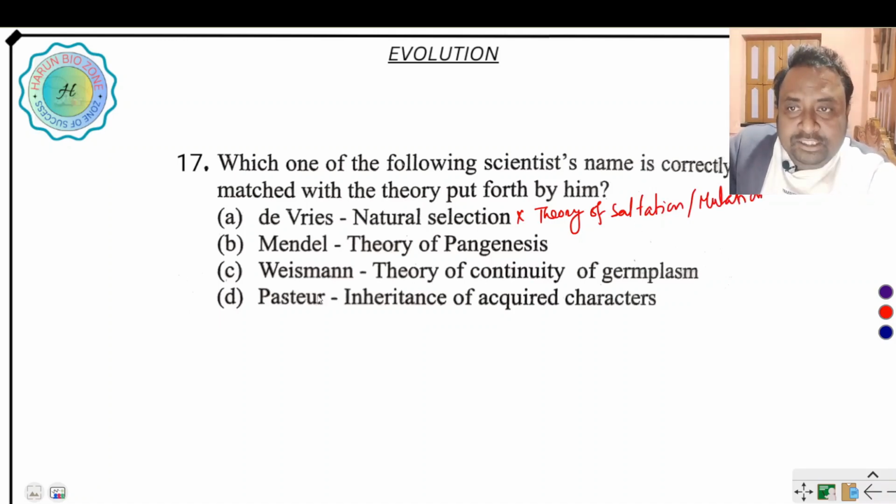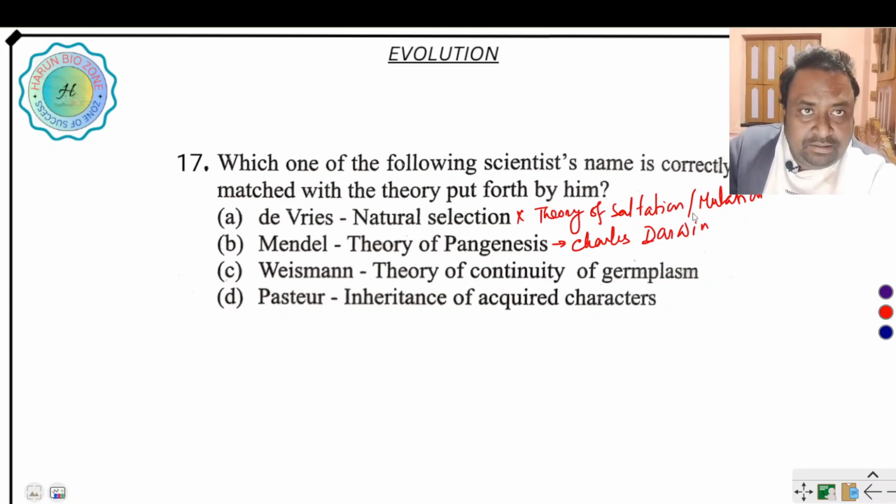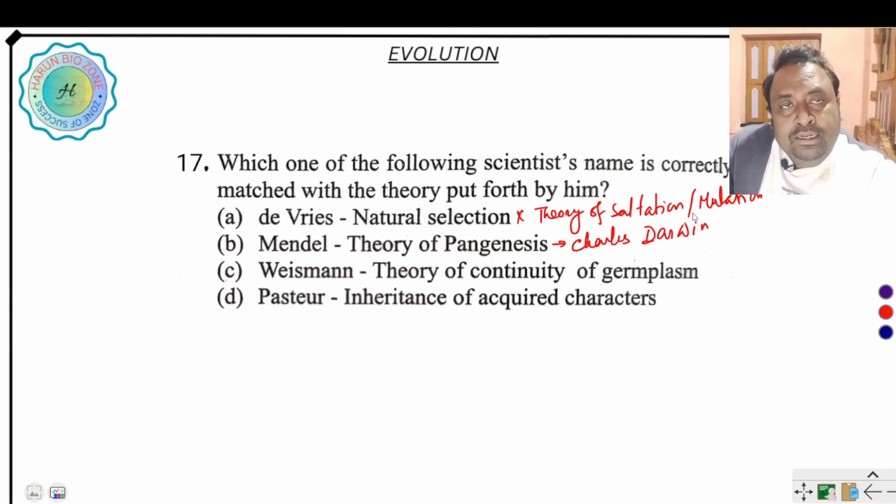Mendel, theory of pangenesis: not correct. This theory is proposed by Charles Darwin. Charles Darwin says every cell of the organism contains a small particle called gemmule or pangene. Pangenes contain all the characters and transfer them from one generation to the next.